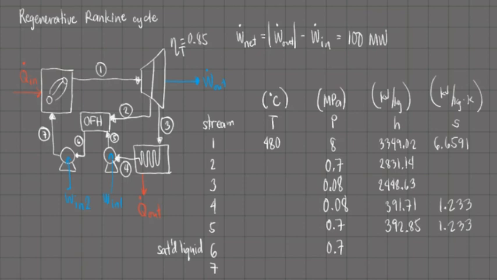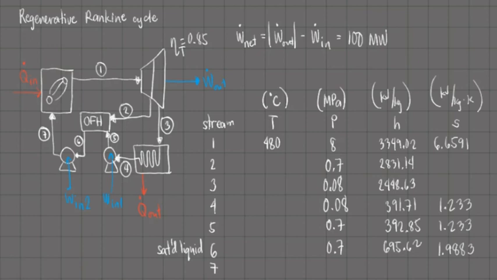From the steam tables, the value is 695.62 kilojoules per kilogram. Also for stream 6, we have to determine its specific entropy because it is the inlet to the pump and we need the value of the entropy to determine the properties of stream number 7. So for stream number 6, the specific entropy of the saturated liquid is 1.9883 kilojoules per kilogram per Kelvin.